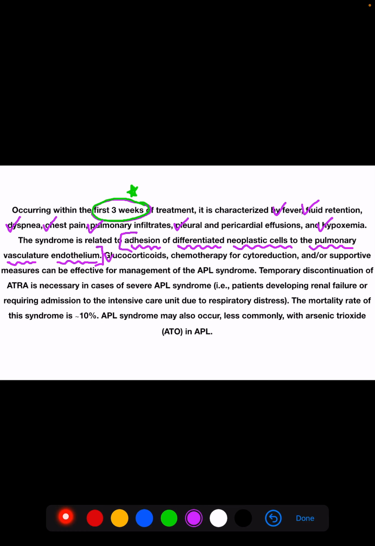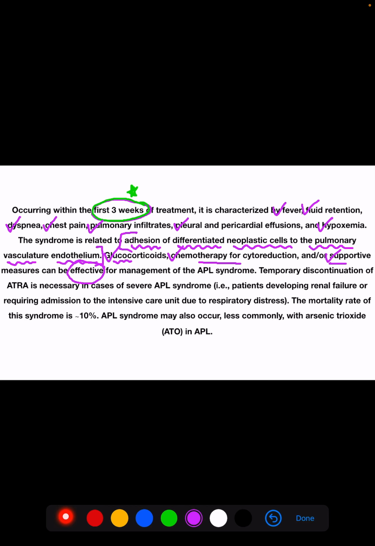Glucocorticoids, chemotherapy for cytoreduction, and supportive measures are effective for the management of APL differentiation syndrome.